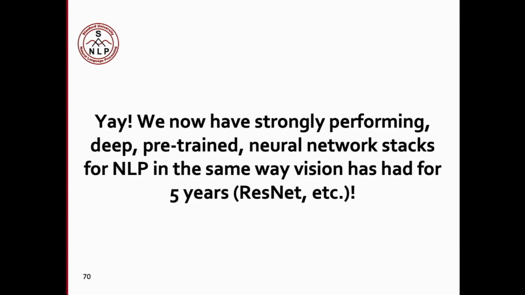And so this is making NLP more like vision, because really vision for 5 years has had these deep pre-trained neural network stacks like ResNets, where for most vision tasks, what you do is you take a pre-trained ResNet and then you fine-tune a layer at the top to do some classification task you're interested in. And this is now starting to be what's happening in NLP as well, that you can do the same thing by downloading your pre-trained BERT and fine-tuning it to do some particular performance task.